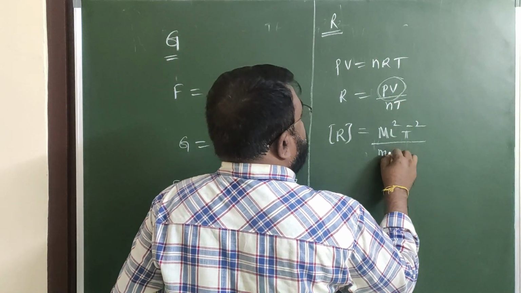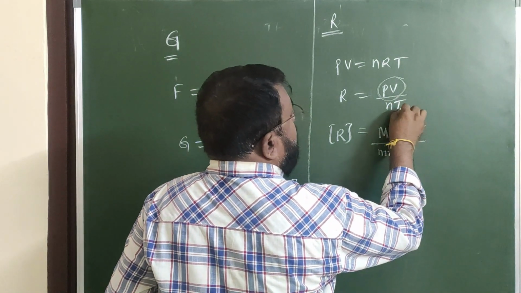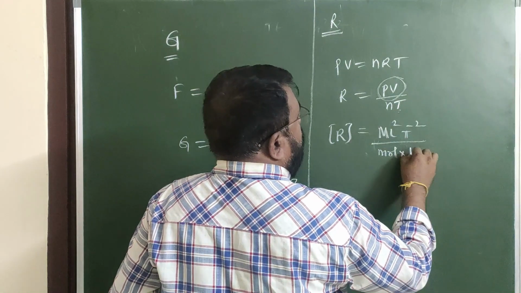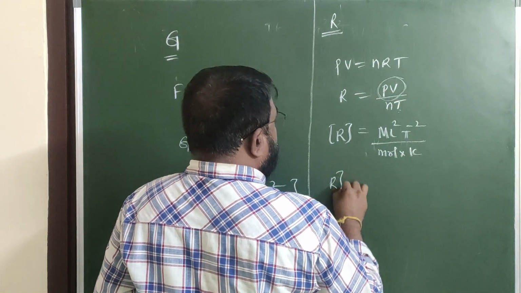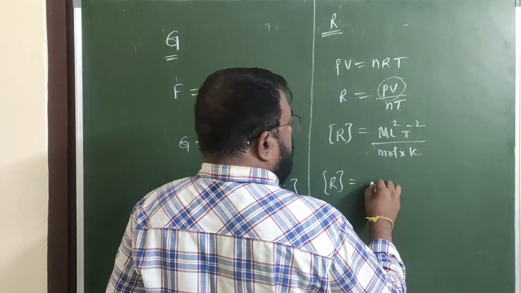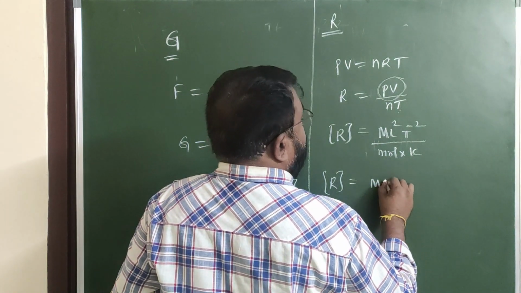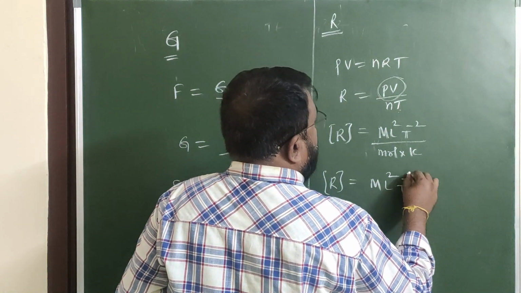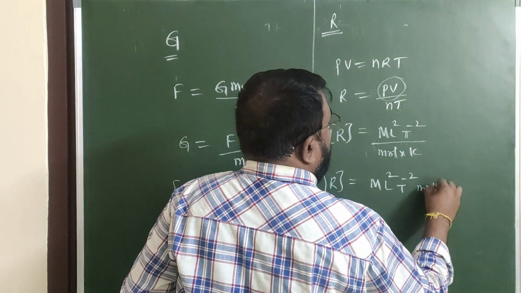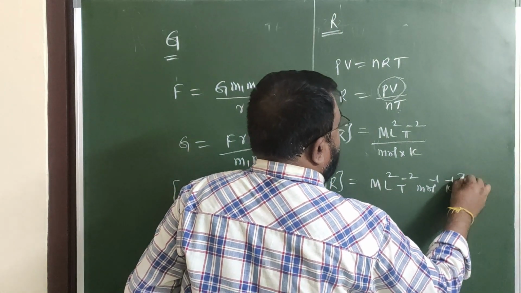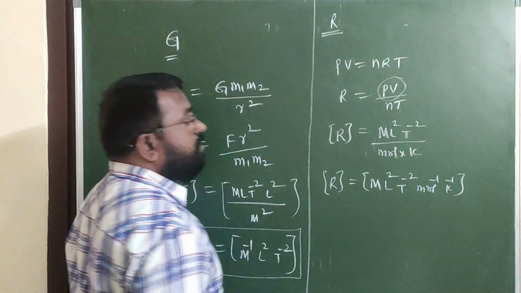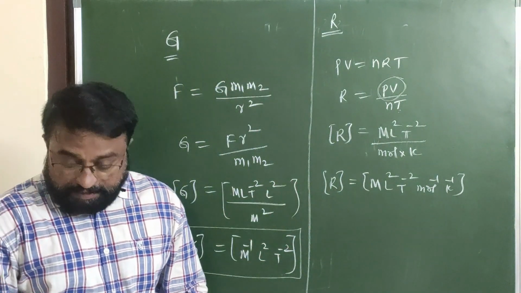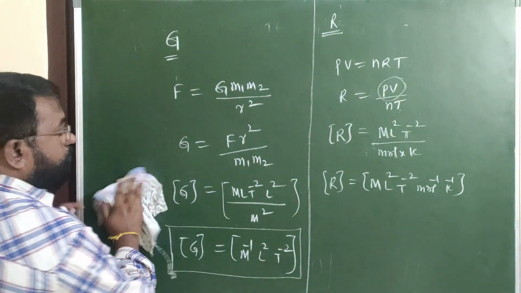This is number of moles, mole. Here T is not time, it is temperature, therefore Kelvin. This becomes R is equal to M L square T to the power of minus 2 mole inverse Kelvin inverse. This is the dimensional formula for the universal gas constant.